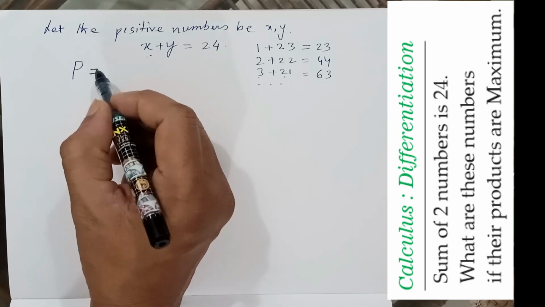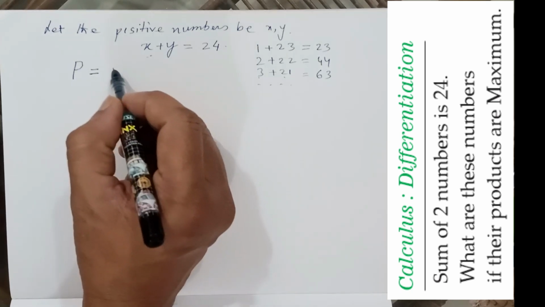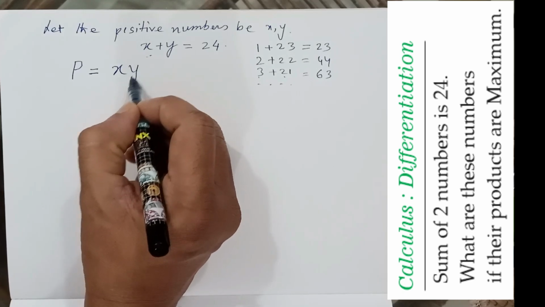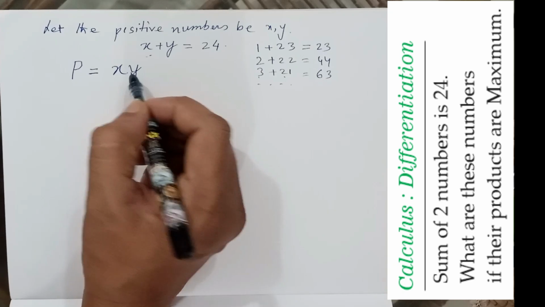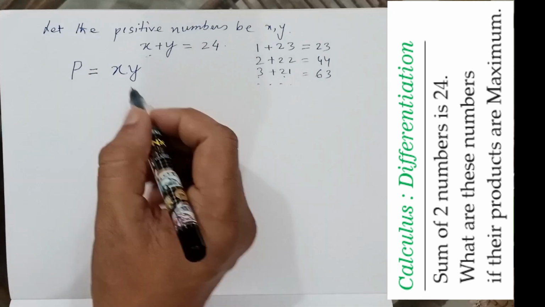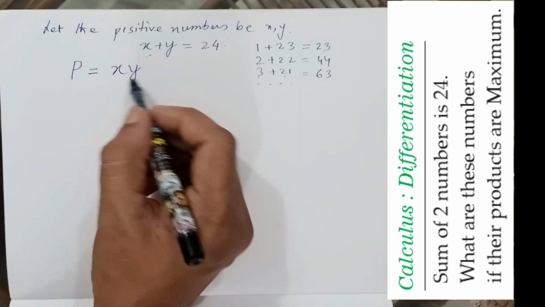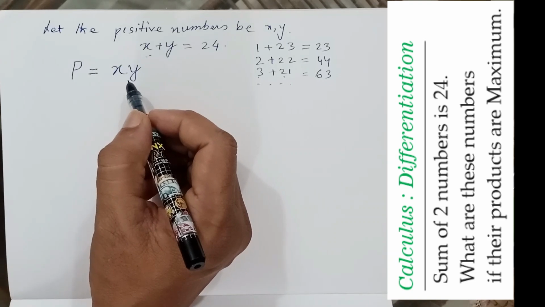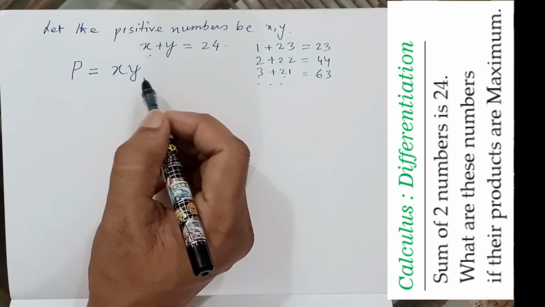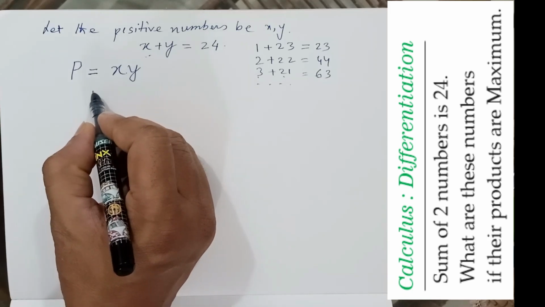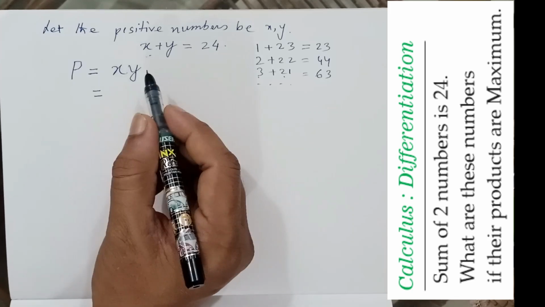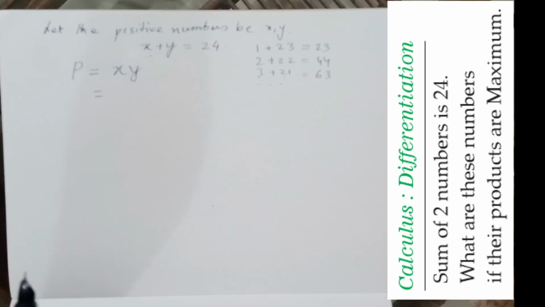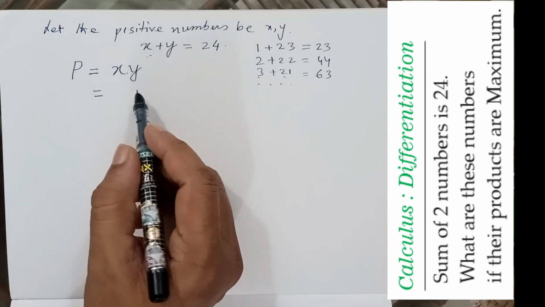If the product is written as P, the product of x and y, we have to find when we are able to get the maximum value. Now P has two variables, so a derivative for two variables cannot be done here.